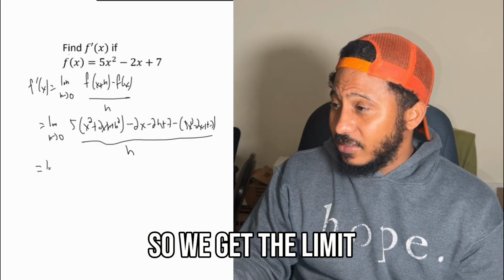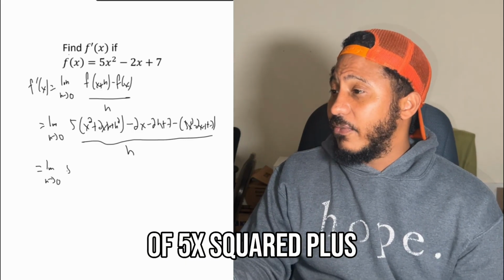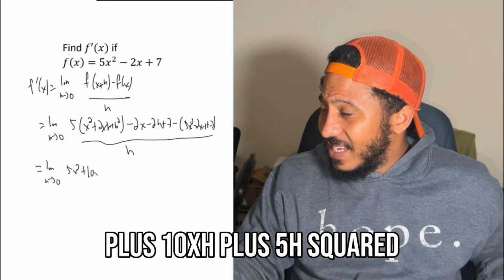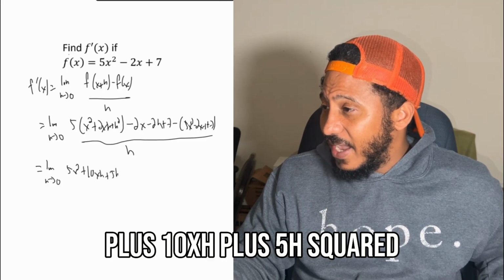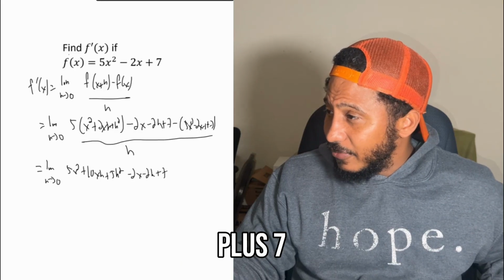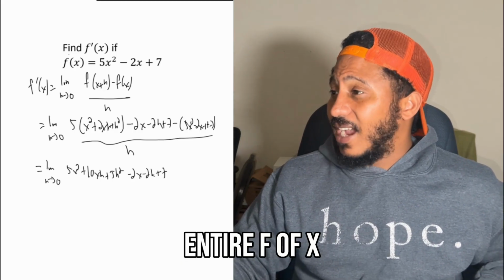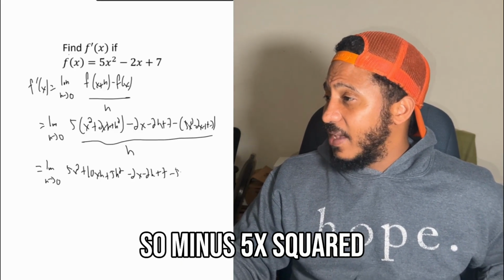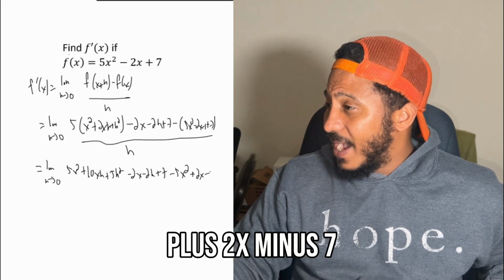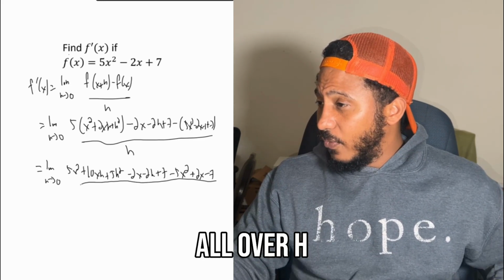So we get the limit as h approaches 0 of 5x squared plus 10xh plus 5h squared minus 2x minus 2h plus 7, and then subtracting that entire f of x, so minus 5x squared plus 2x minus 7, all over h.